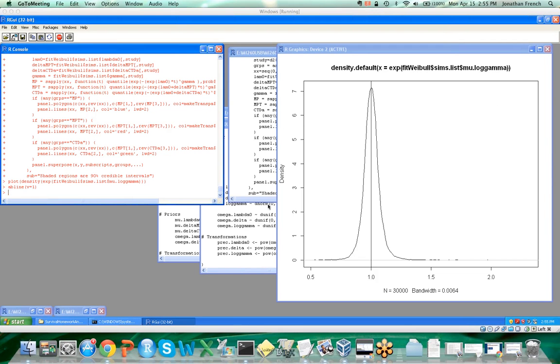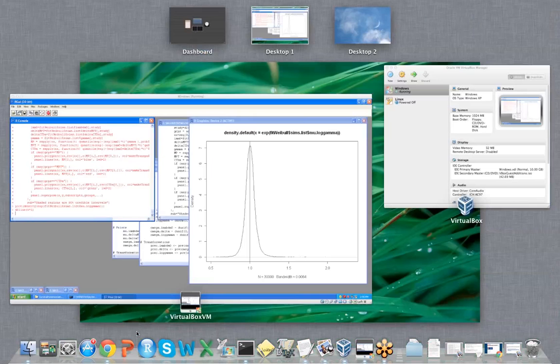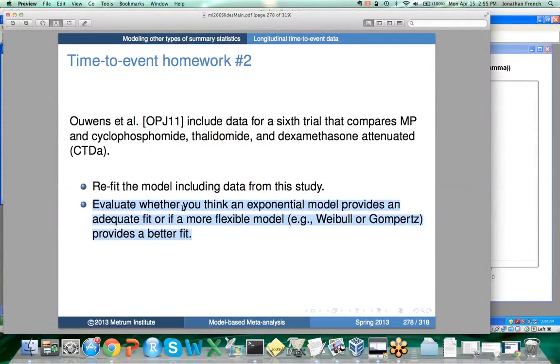So those were the 2 bits of homework that I'd asked you to take a look at. We have, for this example, refit the model, including the data from the CTDA study.